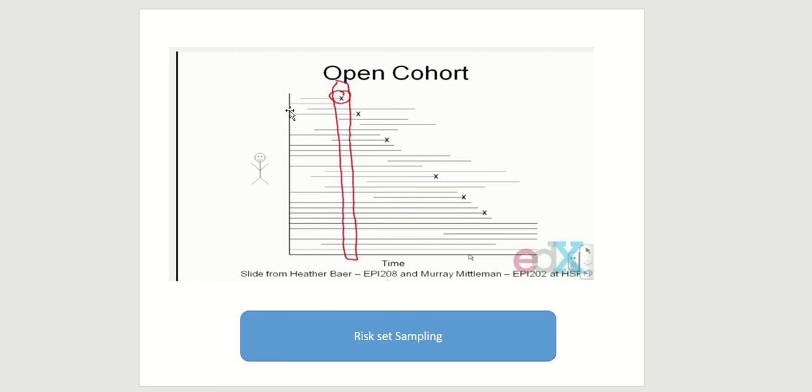As you can see, for some of them the follow-up started right at the year 2000, and for some people the follow-up started later on. So maybe we started following this individual in 2001, and in 2005 they had the outcome. So that person was identified as a case in 2005.